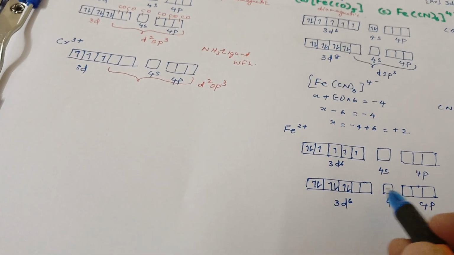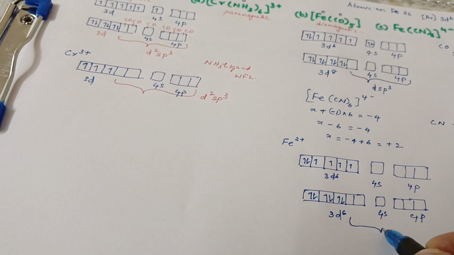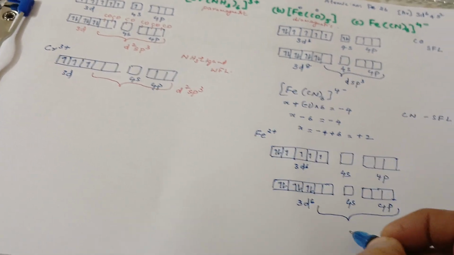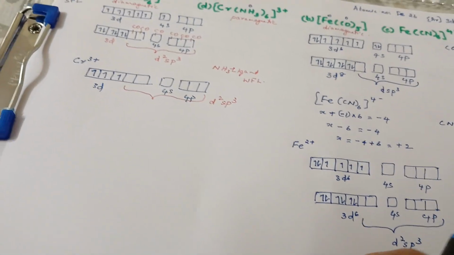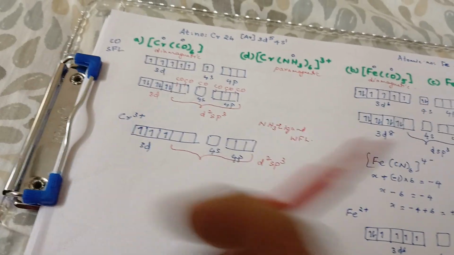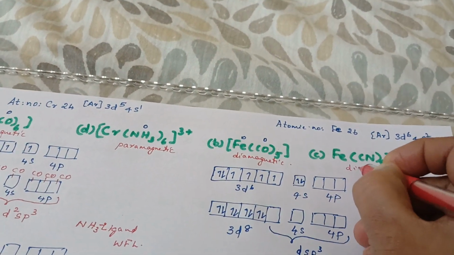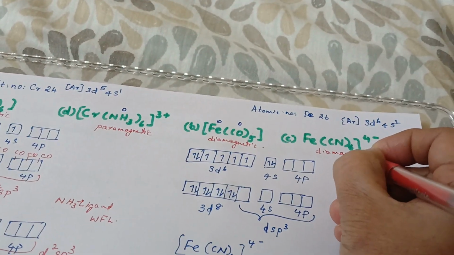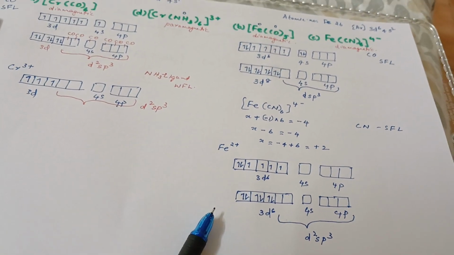So no unpaired electrons are there, and the hybridization will be d2sp3, and the complex will be diamagnetic. That is, [Fe(CN)6]4- will be diamagnetic, since there are no unpaired electrons in its orbitals.